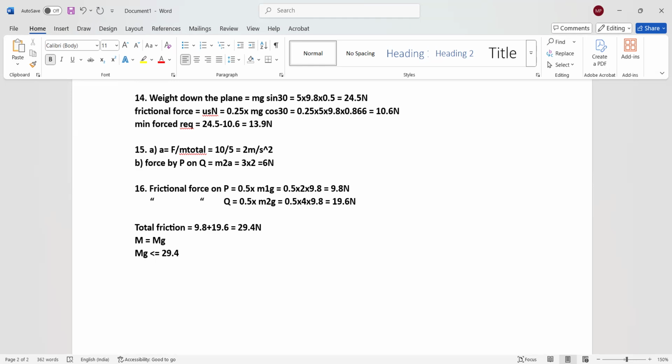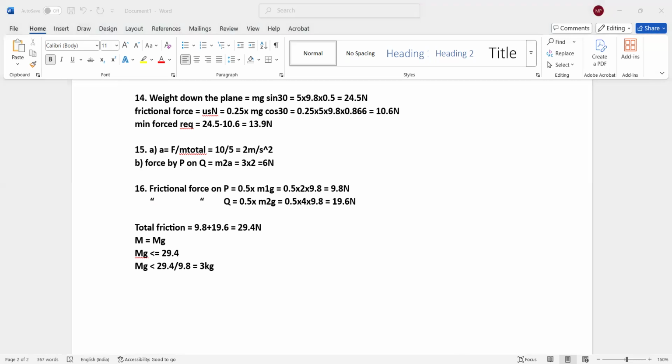So when you divide this 29.4 by 9.8, you'll get a value of 3 kg. So M should be less than or equal to 3 kg.